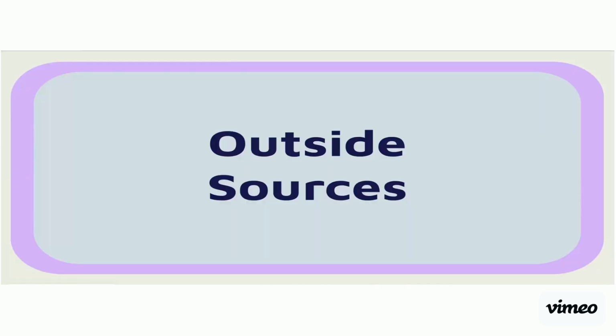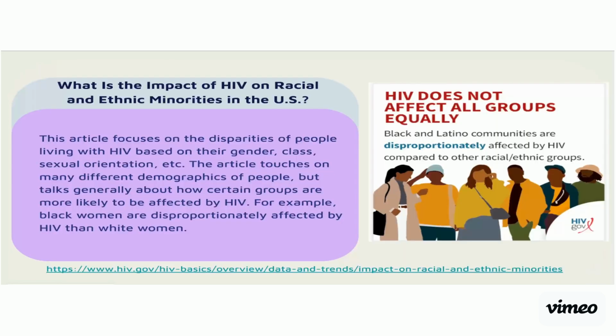Okay, so next, some outside sources that I read while doing this project. The first one was before I really started delving into the data. I just wanted to see what was out there with HIV, how it affects people differently, especially since I was looking at world HIV data.